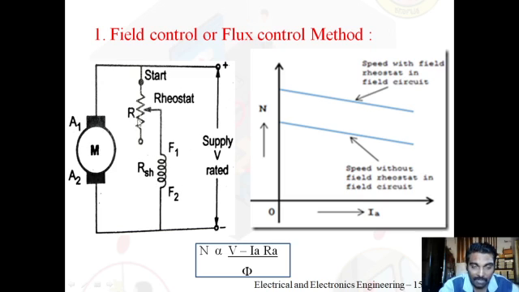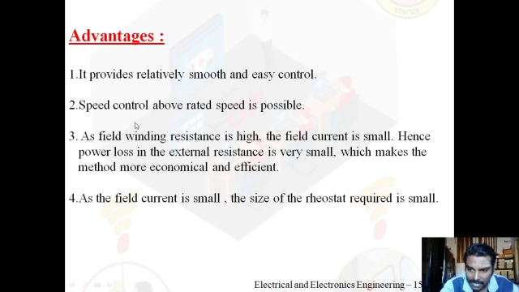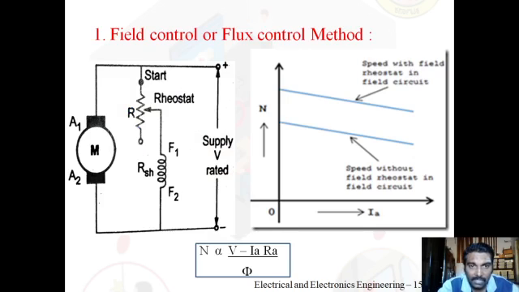By varying the value of resistance, we are trying to vary the value of flux. The remaining parameters are as usual. The supply voltage V is given to the field winding and also parallel to the armature circuit.